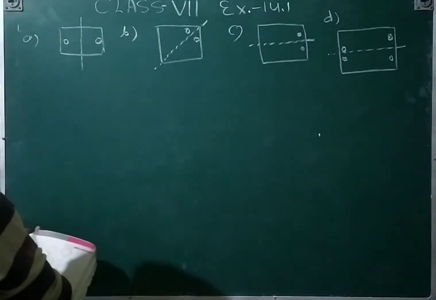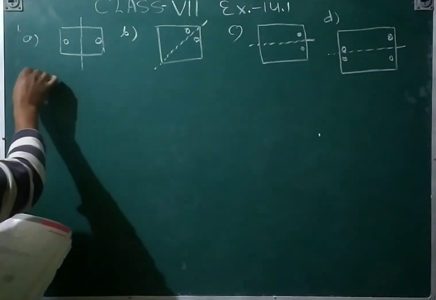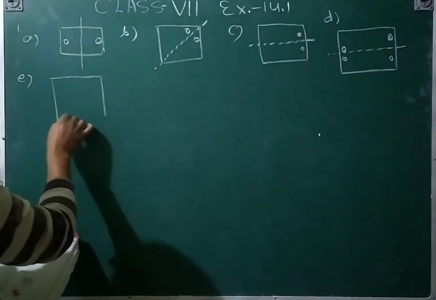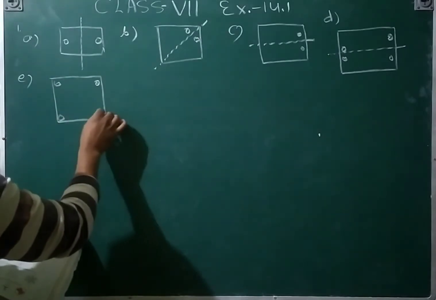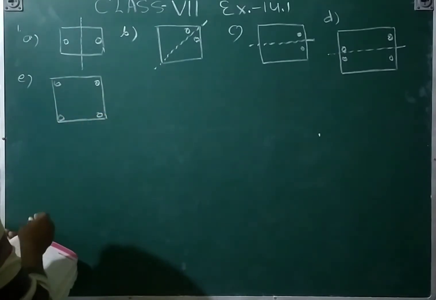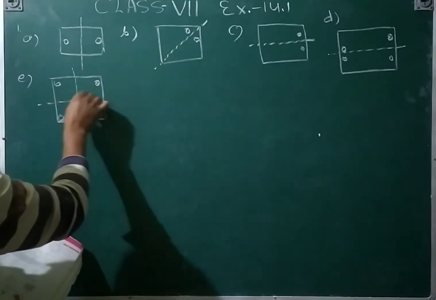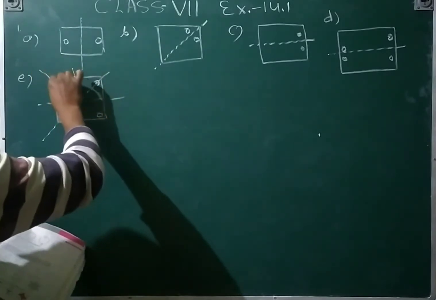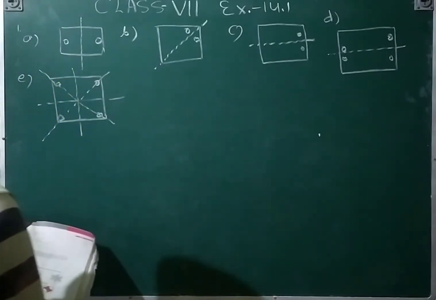E part: again a spherical diagram is given there, and by the corner the 0 is given. So here there will be many more symmetrical lines. One of this one, one of this one, one of this one also, one of this one also, is a symmetrical line.